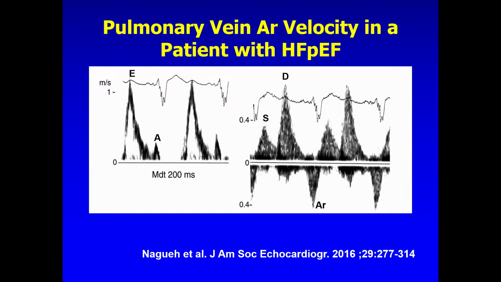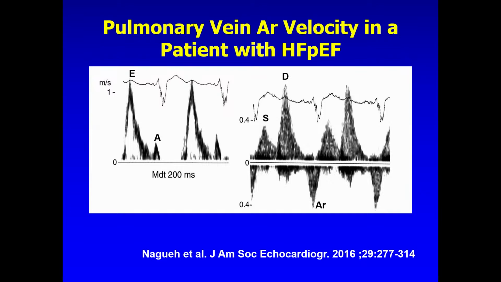When LV late diastolic pressures are elevated, the flow tends to be abbreviated, as you see here: short duration and also a very small A velocity that decays fast, short decel time. In comparison, there is not much of a resistance for the blood to go back into the vein. As a result, you have a velocity that is of a much higher value and of a much longer duration.